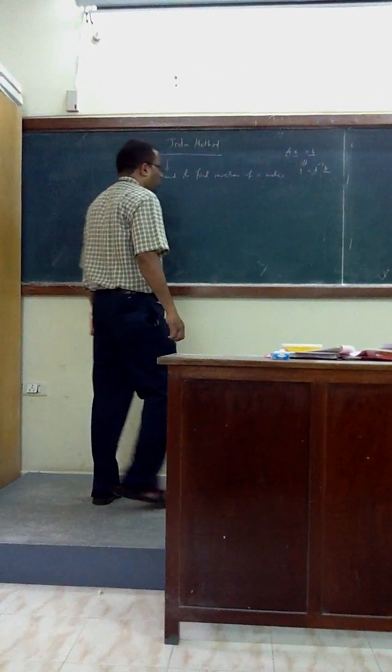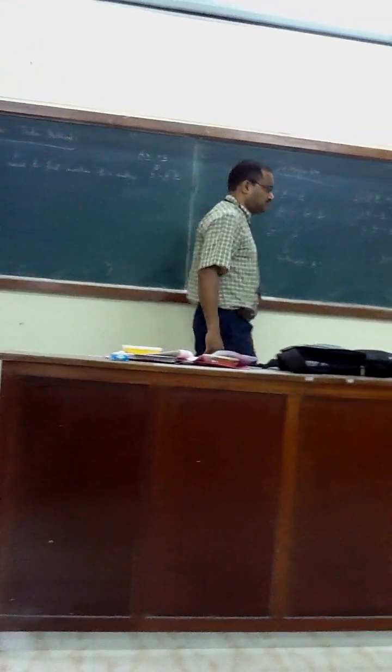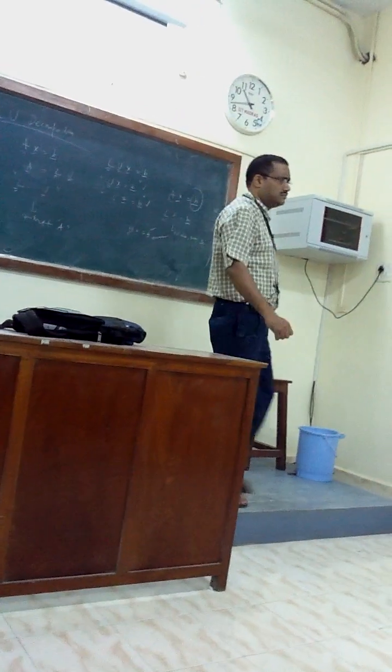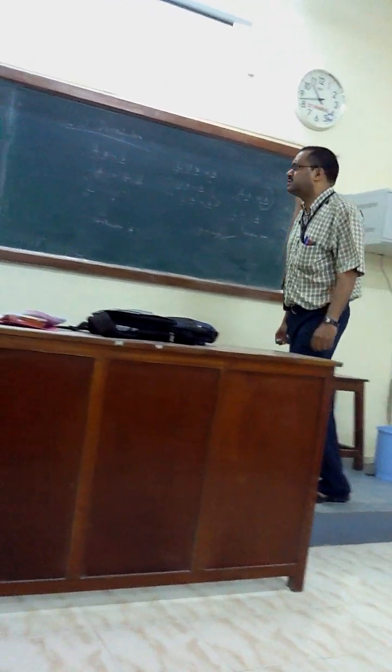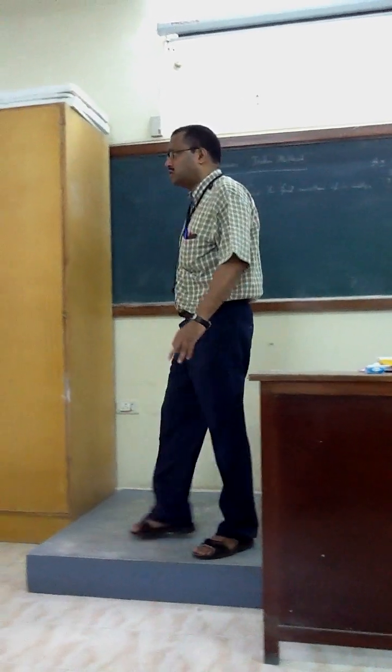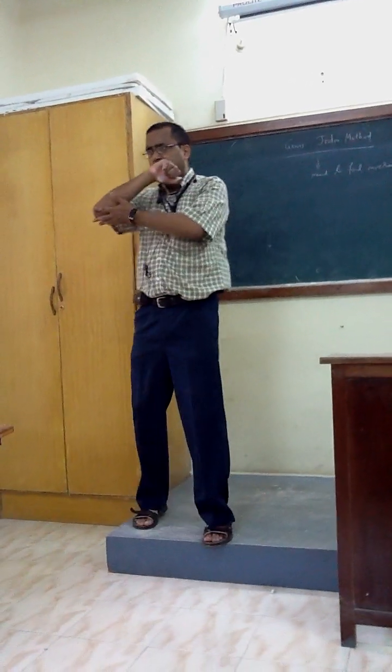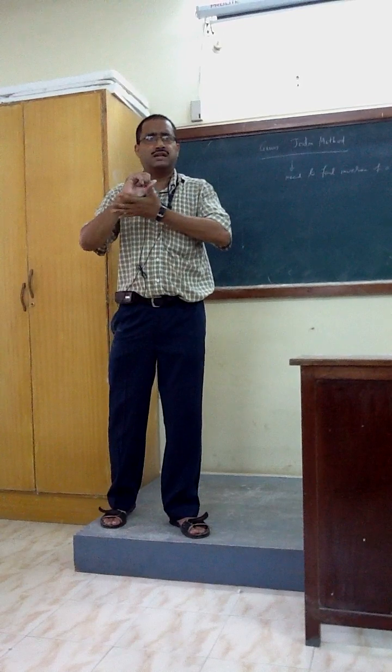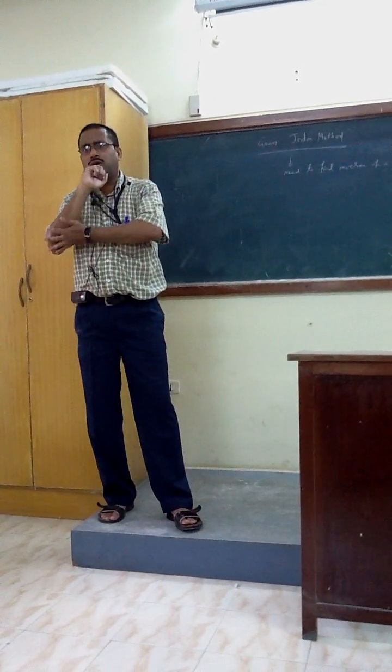So how to find A inverse? By the Gauss-Jordan method. How do you do it? You need to have the augmented matrix, right? Do you remember what you augment to?